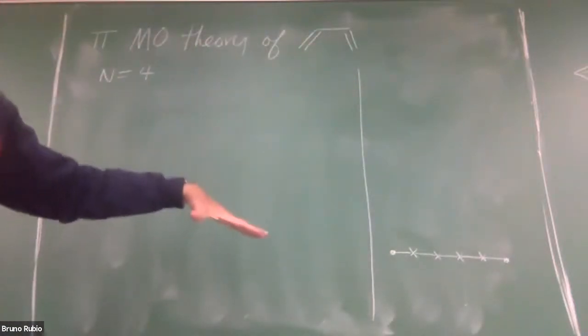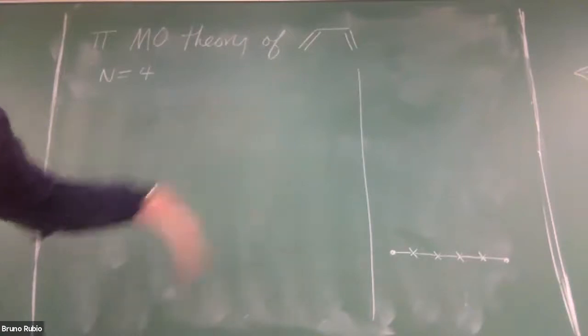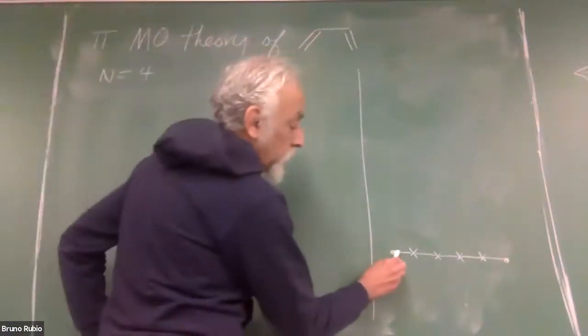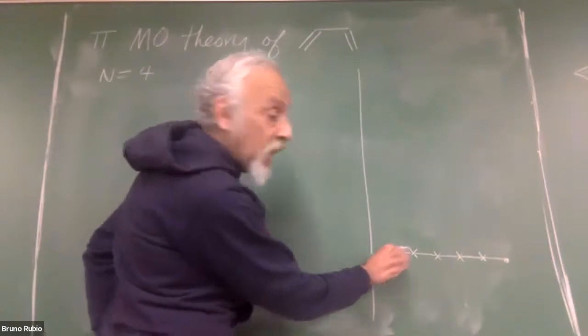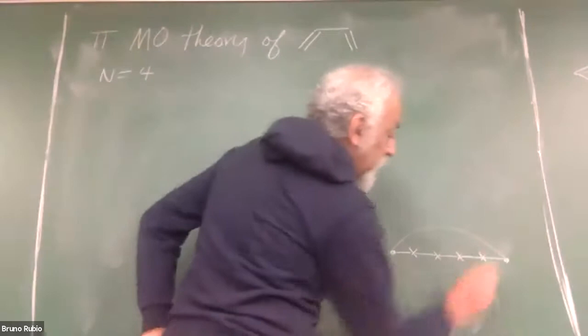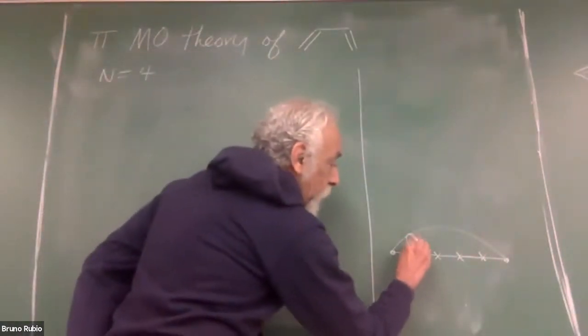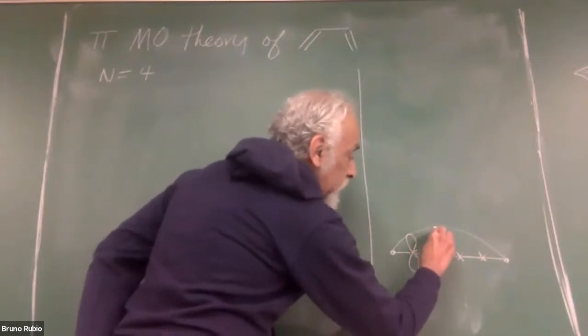Okay, the lowest energy molecular orbital is going to have 0 internuclear nodes. So I want to hook up these dots with a wave that has 0 internuclear nodes. So the orbitals look like this.